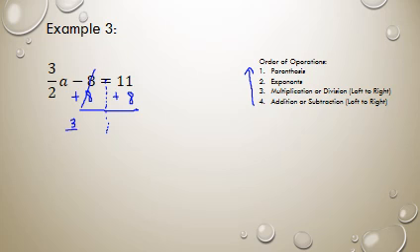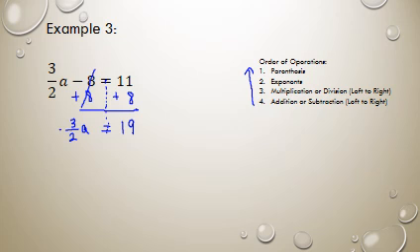Now we bring down the 3 halves a equals, and 11 plus 8 gives us 19. Now if you remember from the previous day, to get rid of the 3 halves that's being multiplied with the a, we need to do the inverse. And the inverse of that is multiplying by the reciprocal.